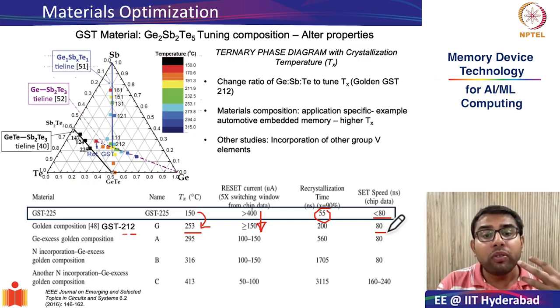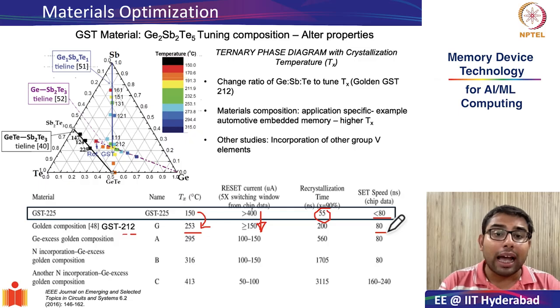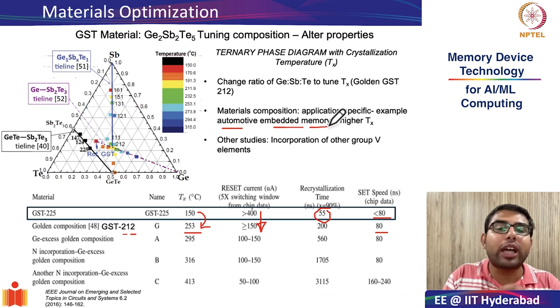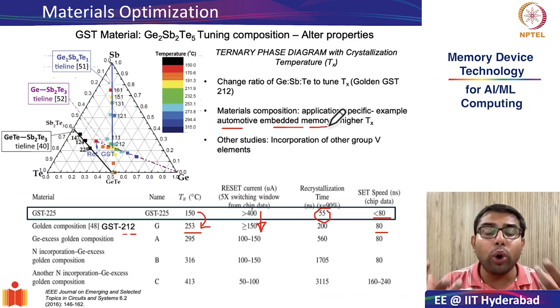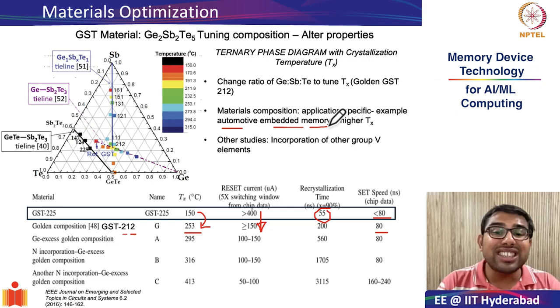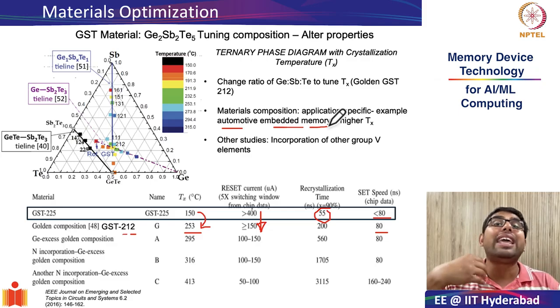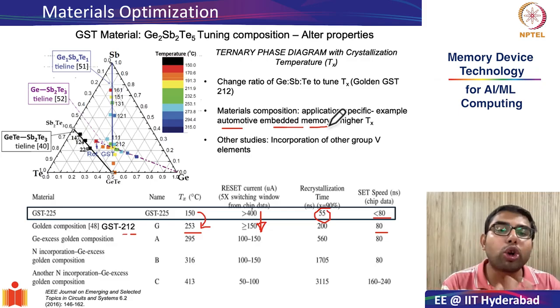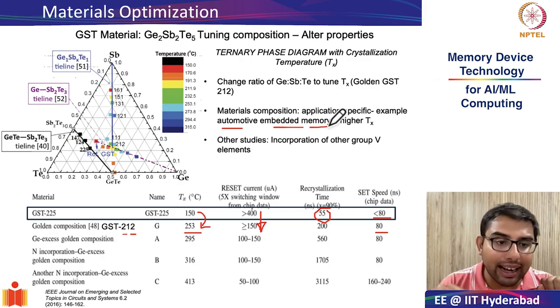that phase change RAMs have very niche applications such as in automotive embedded memory. And as you can imagine, in an automotive use case, you would want your crystallization temperatures to be even higher. Why? Because in automotive embedded memories, the PC RAM will be exposed to elevated temperatures. So you want higher Tx for better reliability.